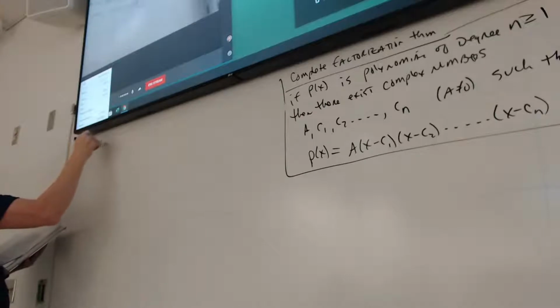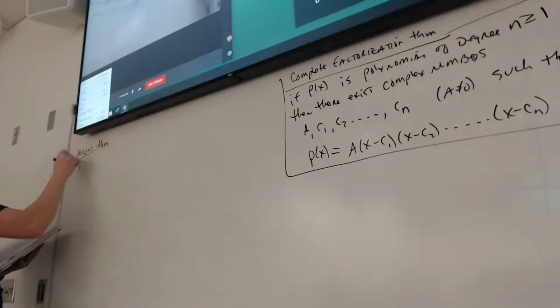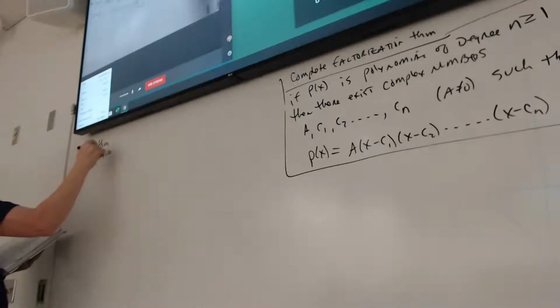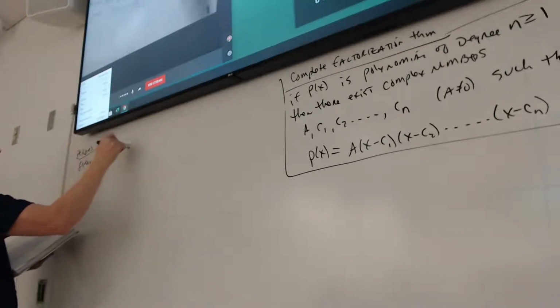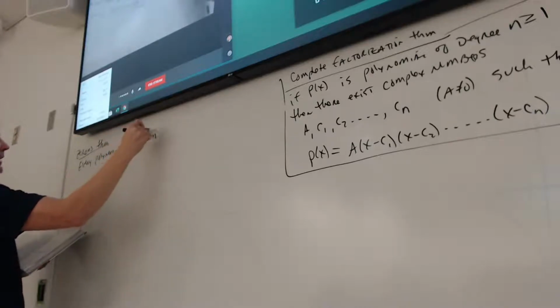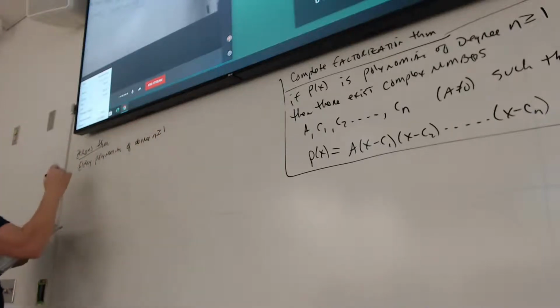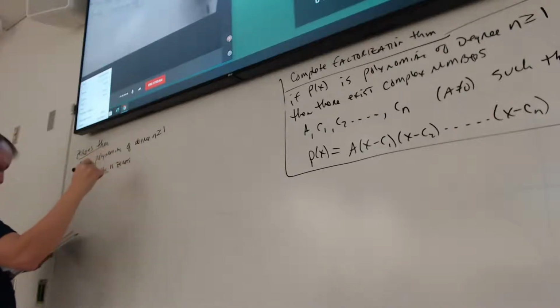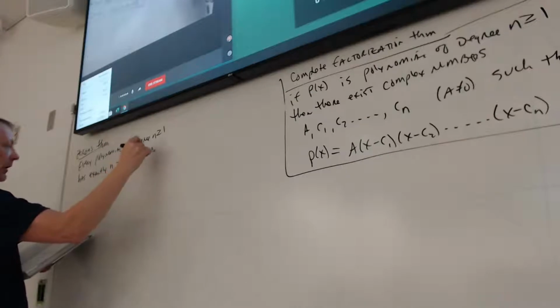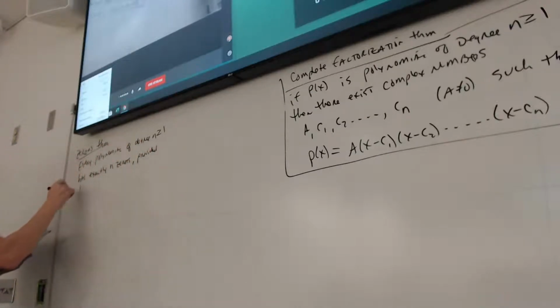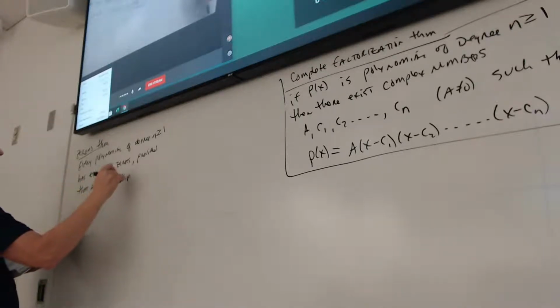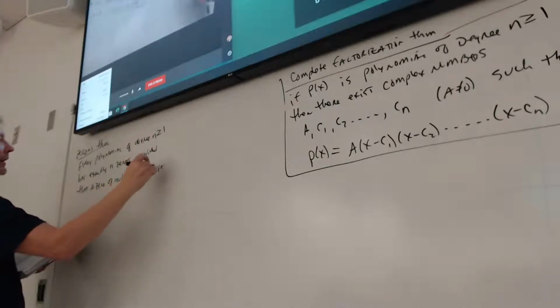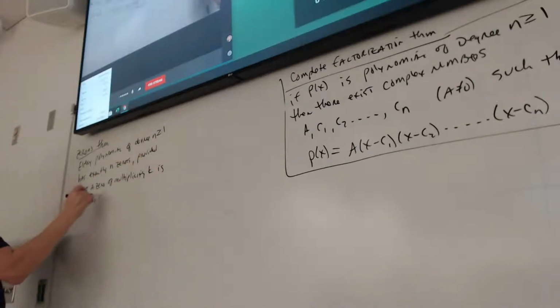The Zeroes Theorem says every polynomial of degree n greater than or equal to 1 has exactly n zeros, provided that a zero of multiplicity k is counted k times.